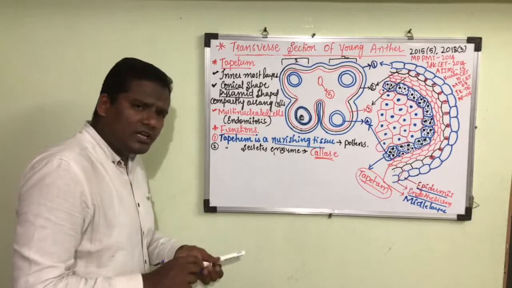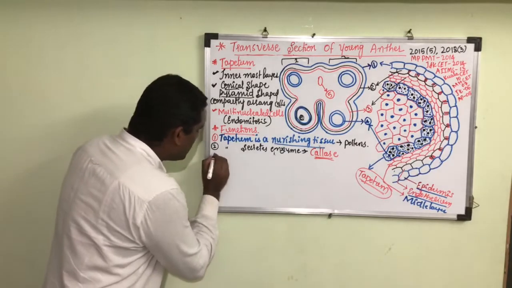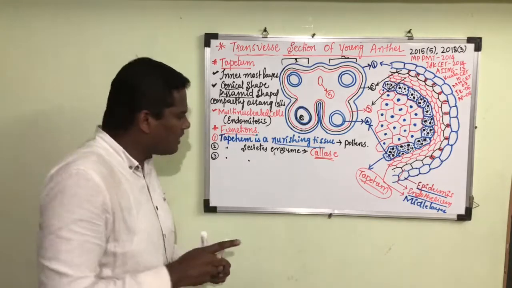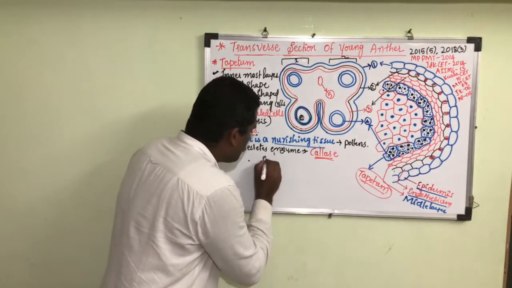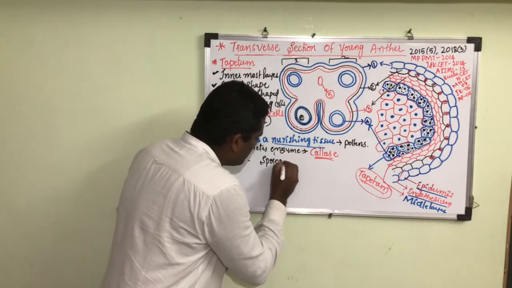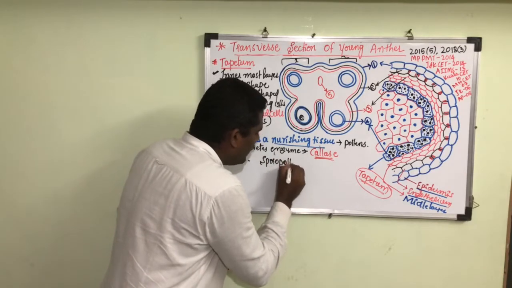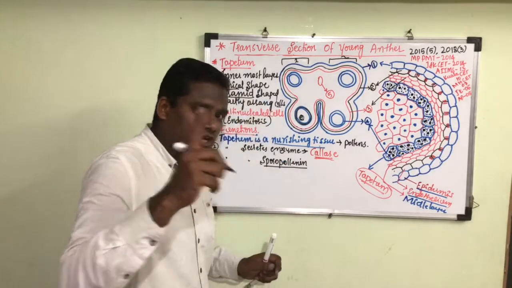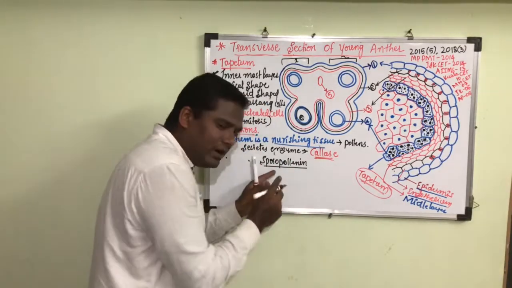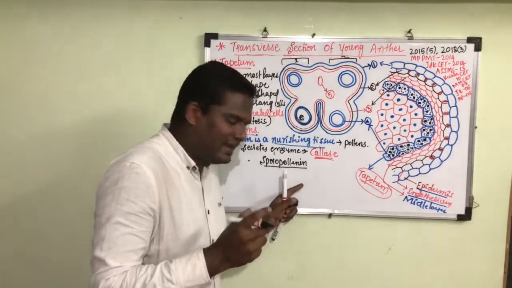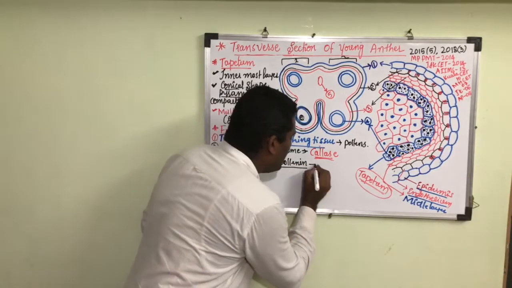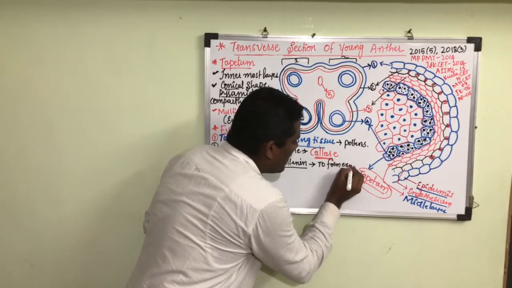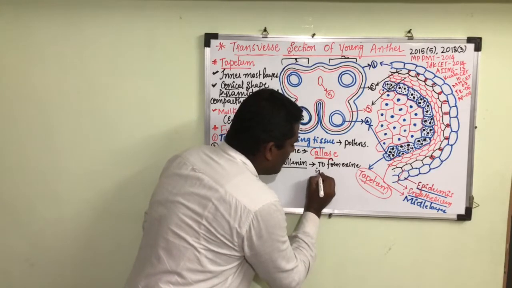Tapetum also secretes one more very important substance, that is sporopollenin. We have discussed this sporopollenin while discussing the structure of the pollen grain. Sporopollenin is the highly resistant material that forms the exine in pollens.